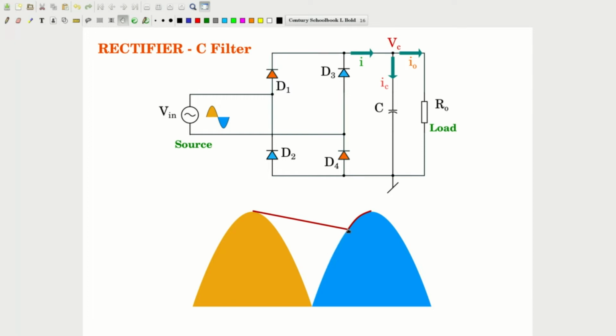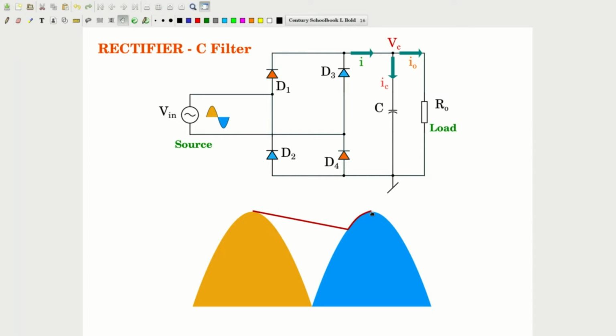The moment the input rises beyond this, the diodes conduct. In this case, the blue colored diodes conduct, and the capacitor follows the input. The moment the diodes conduct, the capacitor node point is directly connected to the source, and it will just follow the source up to this point.